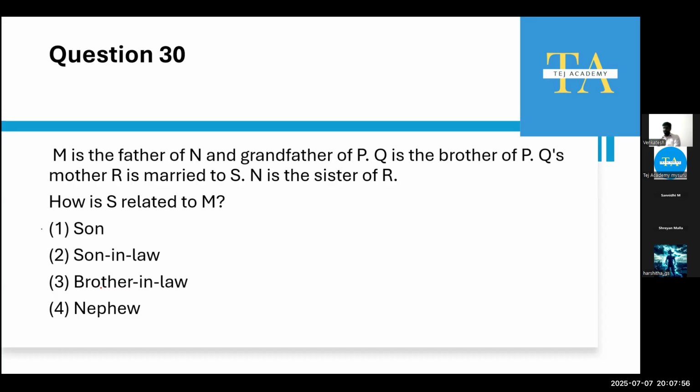So N's father, mother is the first generation. So N's father is the main person. We can represent it like this.